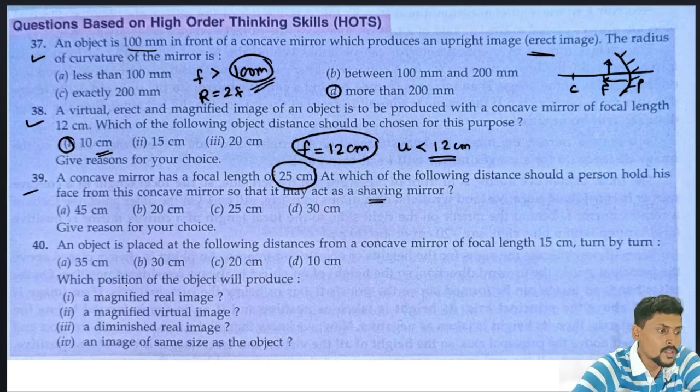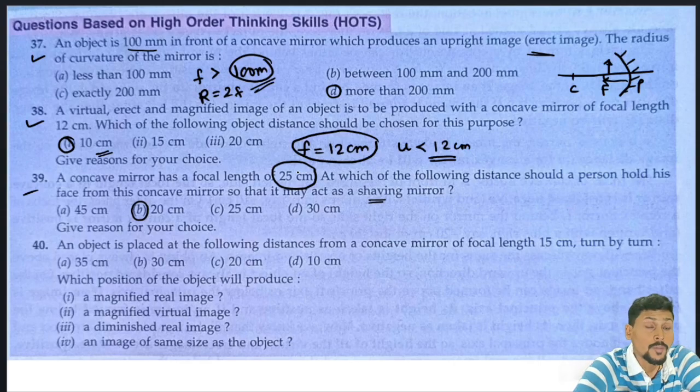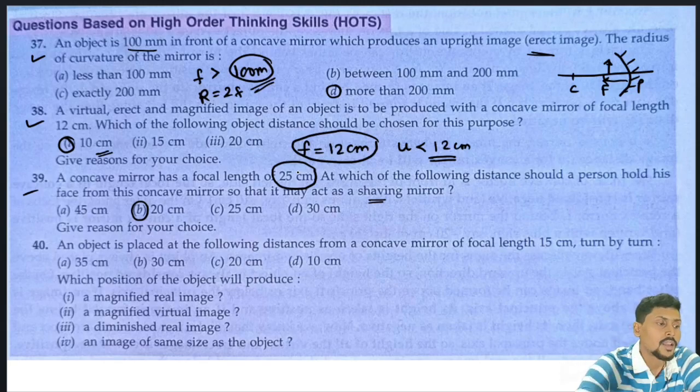So you have four options, and out of the four options, option B is the correct one because 20 cm is less than the focal length 25 centimeter. If you place your face at a distance of 20 centimeter from the concave mirror, then you can see an enlarged view of your face, and that's why the concave mirror will behave as a shaving mirror.